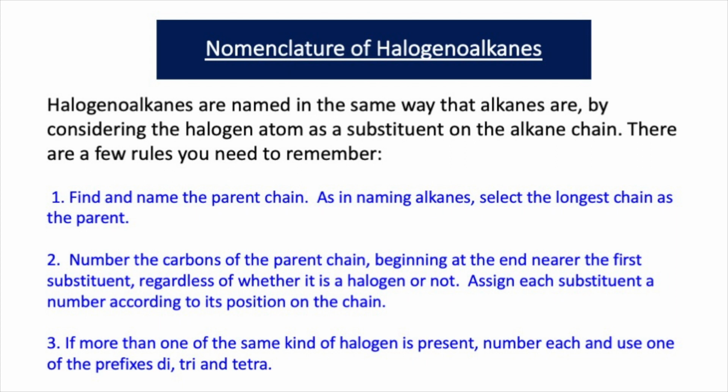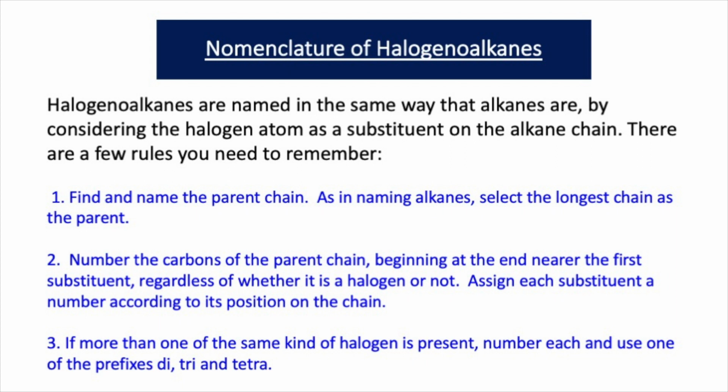Now, you have to assign each substituent a number according to its position on this parent chain. And the third rule is if more than one of the same kind of halogen is present, you have to number each and use one of di, tri, tetra. Di means 2, tri means 3, tetra means 4.